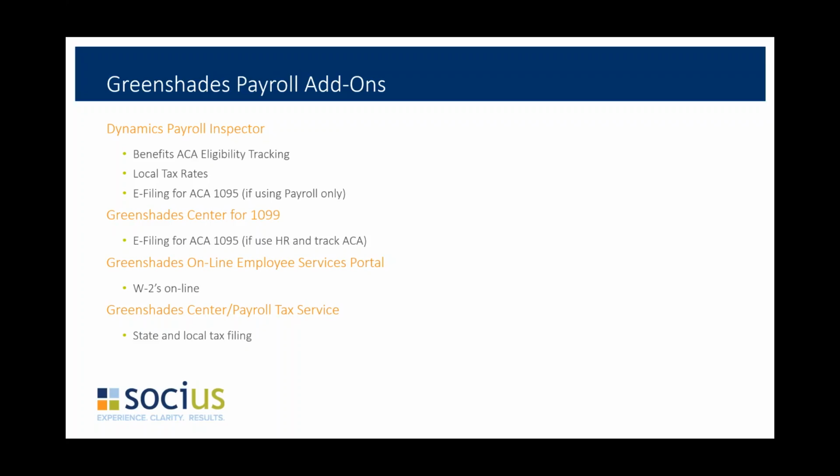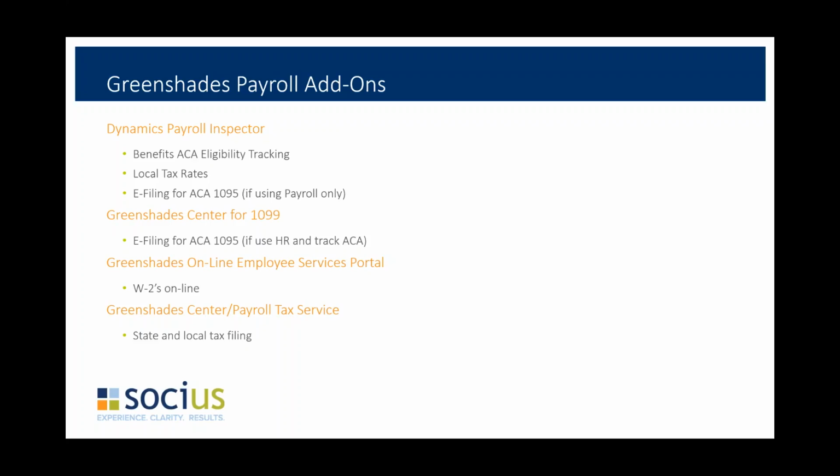So there are ways of actually setting up information in HR that designates the employee status and therefore allows you to produce the 1095. But no matter what, the electronic filing of those forms is not available in GP.